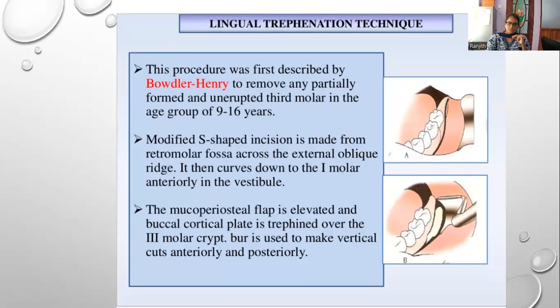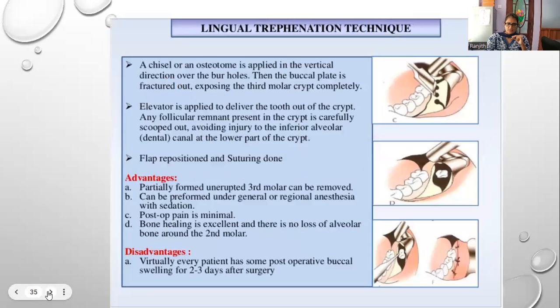In this, what you do is place a modified S-shaped incision from the retromolar fossa area to the external oblique ridge area. After reflecting a mucoperiosteal flap, you trephine the buccal cortical plate over the third molar region, and you join these trephined holes with a chisel or an osteotome and fracture that portion of the buccal plate out.